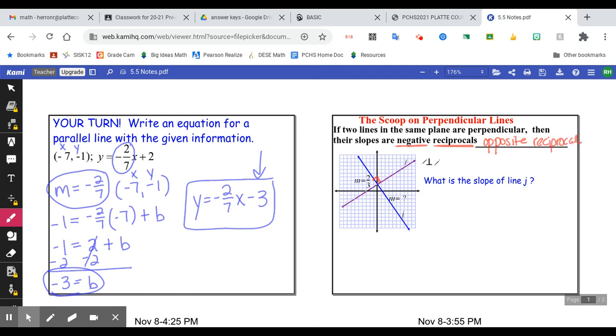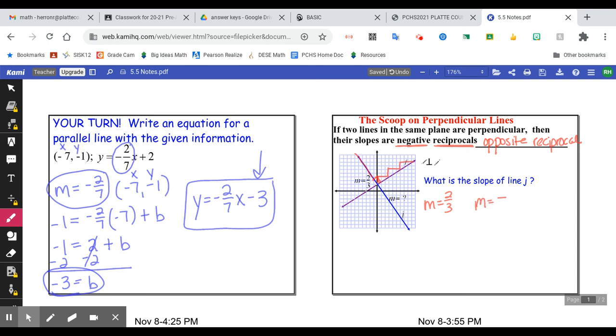All right, so if you have a slope for line L, that goes up 2, right 3, up 2, right 3, up 2, right 3. So that slope is m equals 2 over 3, right? This one goes in the other direction, so you should automatically know that it's going to be negative, okay?